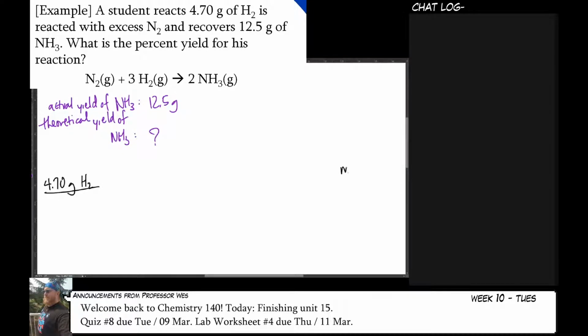I'm going to react a mass of H2, and the goal is to find a mass of ammonia using the balanced chemical equation. Like we said last week, first step is to convert everything into moles. And then we can convert from one mole to another using the balanced chemical equation that's right here.